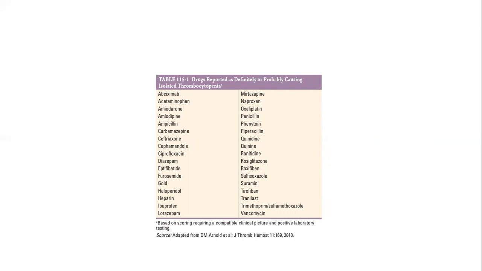So most of the drugs we used to give in our practice can cause thrombocytopenia: diazepam, Lasix, and heparin, ibuprofen, lorazepam, naproxen, penicillin, phenytoin, piperacillin-tazobactam, which we used to give for most of our patients in ICU admission. Then quinidine, ranitidine, then vancomycin. So all these drugs are reported as definitely or probably causing isolated thrombocytopenia.